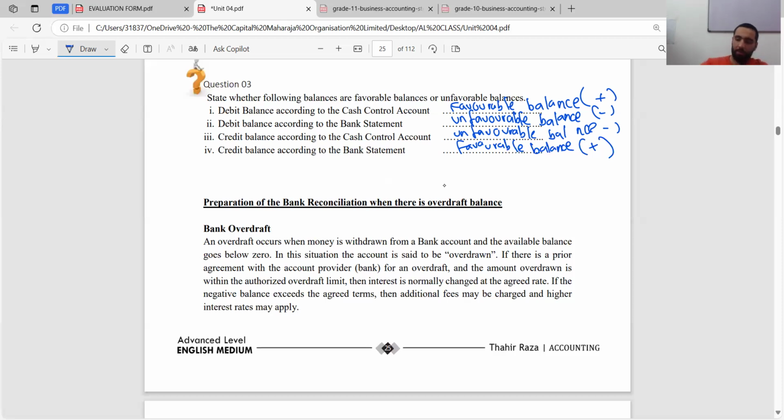Right, okay. Can someone please tell me what is overdraft?